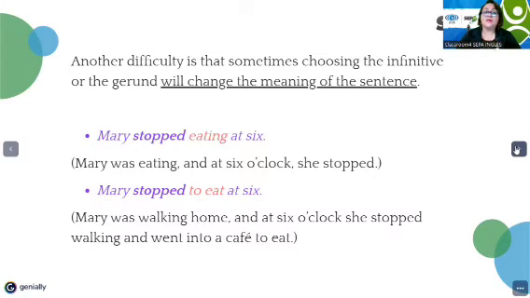She was walking home, and suddenly, what, 6 o'clock? And she realized that it was time to eat, or maybe she was hungry. I don't know exactly. But the thing is that she stopped to eat. Ella se detuvo para comer a las 6. En la primera, Mari dejó de comer a las 6. Okay? Check it out.